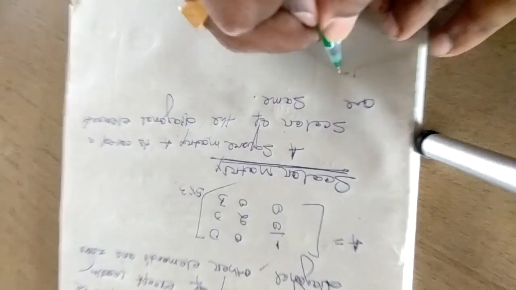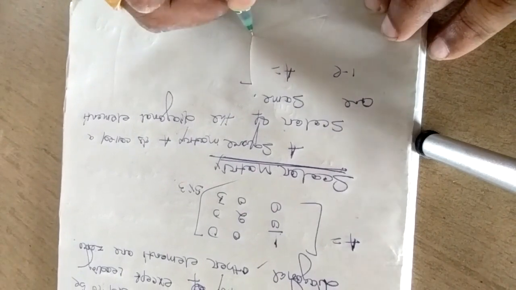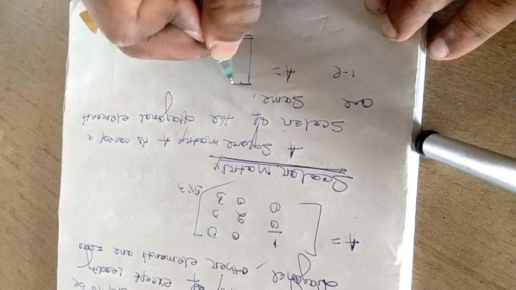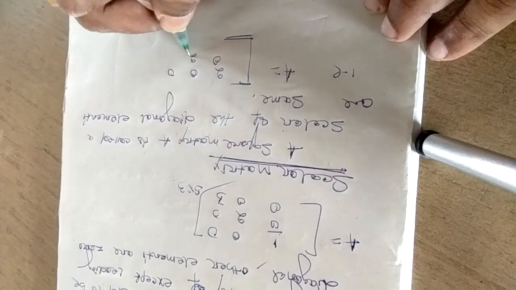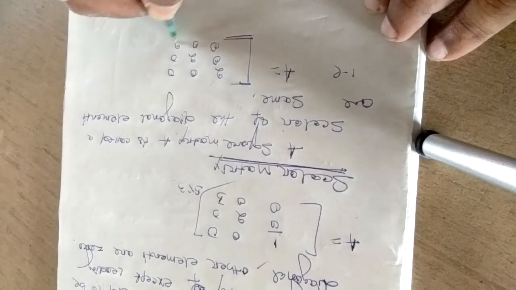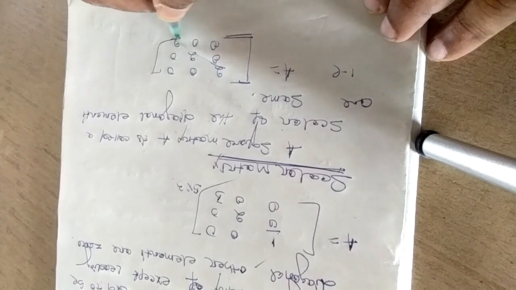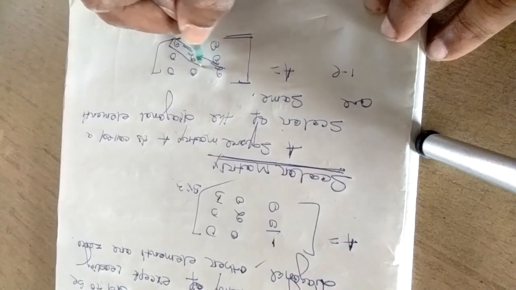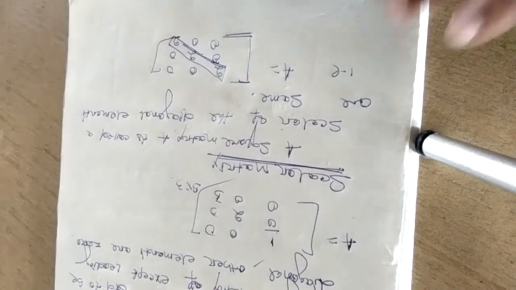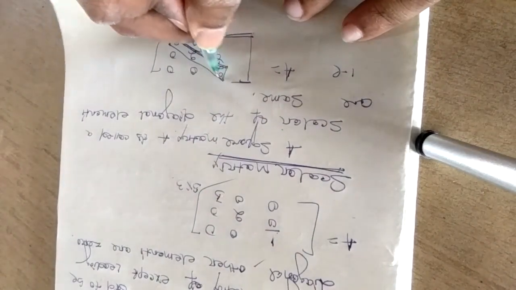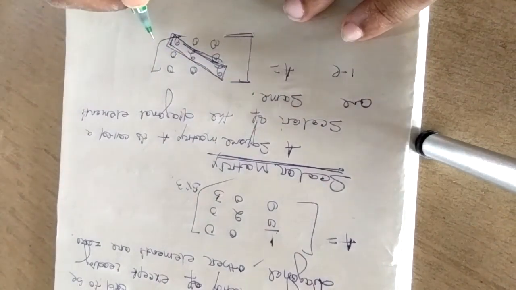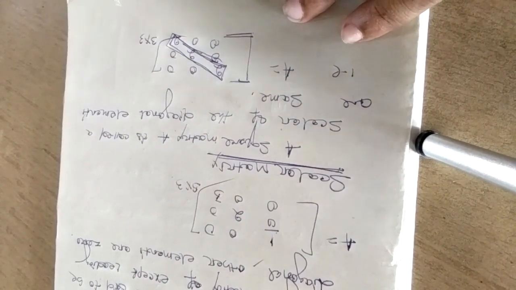That is a matrix equal to 2 0 0 0 2 0 0 0 2. Here only the diagonal elements are same. Principal diagonal elements are always same, then the matrix is called a scalar matrix of order 3 by 3.